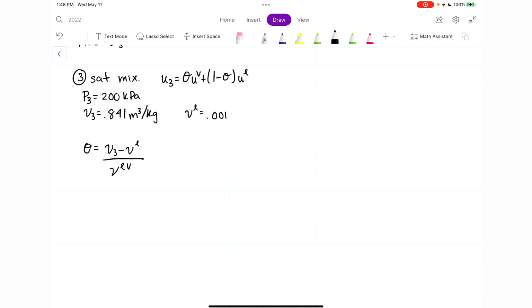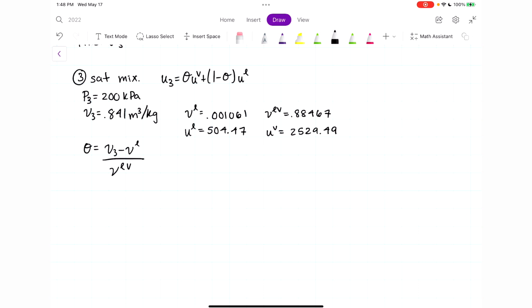However, the quality will be different. And the quality will be different because the specific volume is different in state 3 than it was in state 2. But I'm just going to go ahead and rewrite everything so that we don't have to go back and forth into our tables. Great.